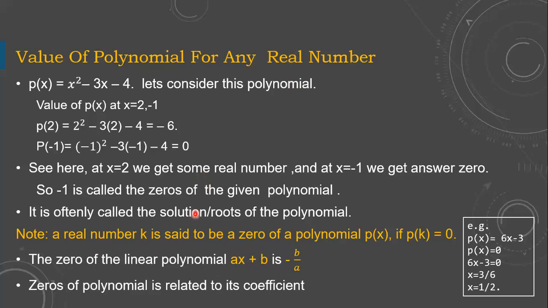From this we conclude that the zeros of a polynomial are related to its coefficients. This is only for linear polynomials, but there are also formulas for quadratic and cubic polynomials. I will tell you later on.